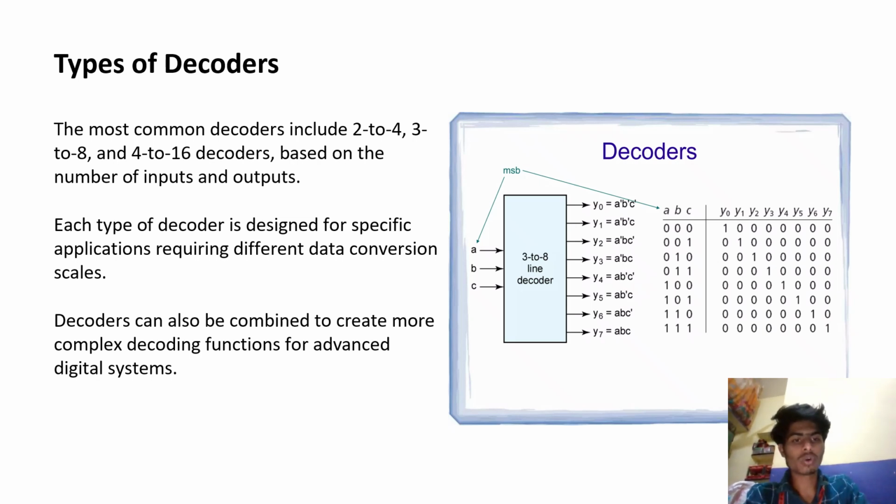Each type of decoder is designed for specific applications requiring different data conversion scales. Decoders can also be combined to create complex decoding functions for advanced digital systems.